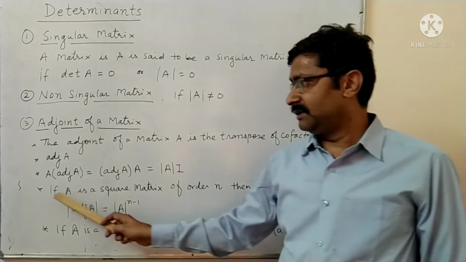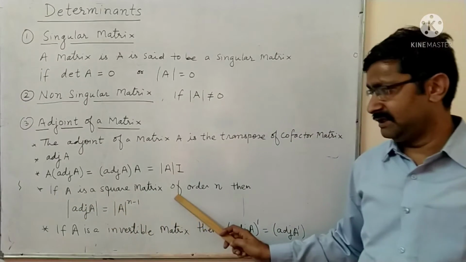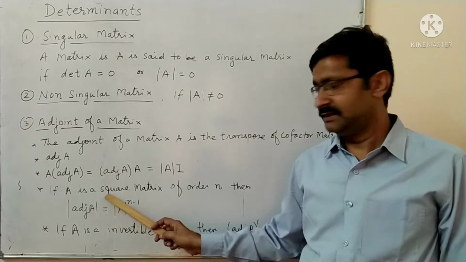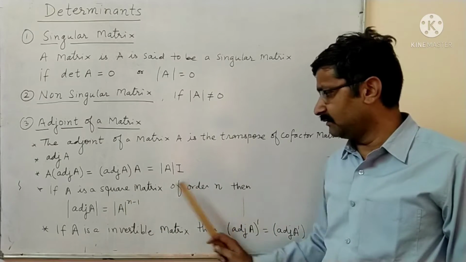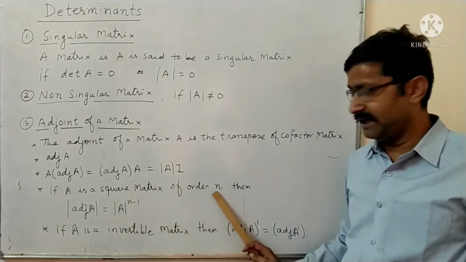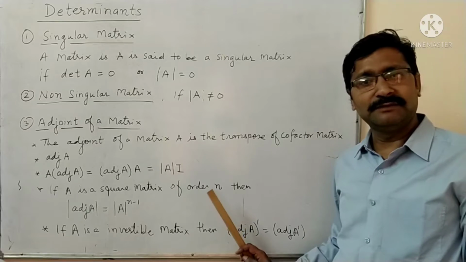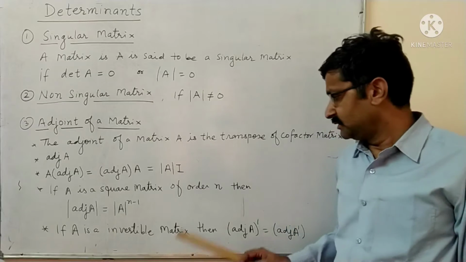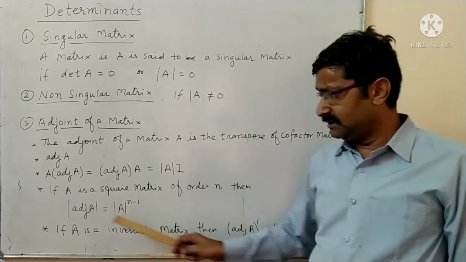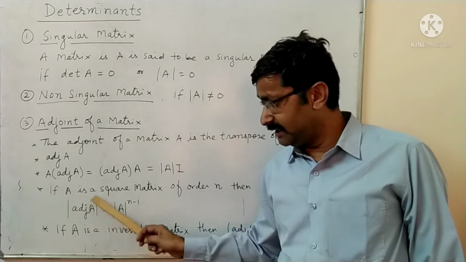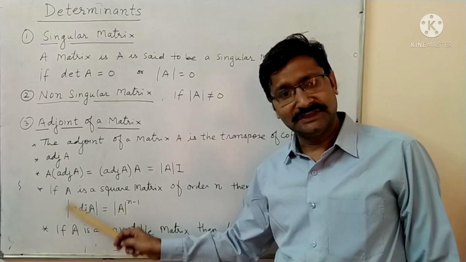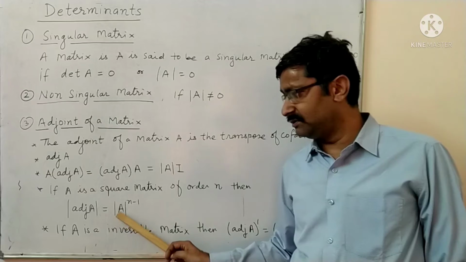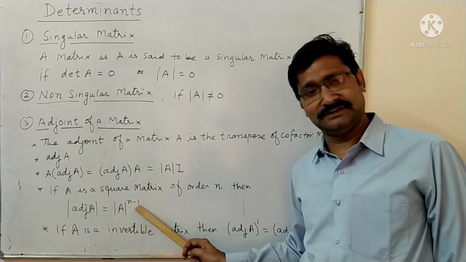Look here, if A is a square matrix of order n, and the order of this square matrix is n, meaning n into n. Order 2 means 2 into 2, 3 means 3 into 3. So this is the order. Then you have to find the determinant of adjoint A. The determinant of adjoint A will be equal to determinant A to the power n minus 1.